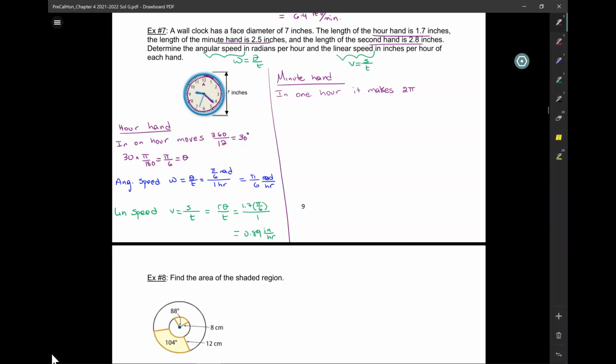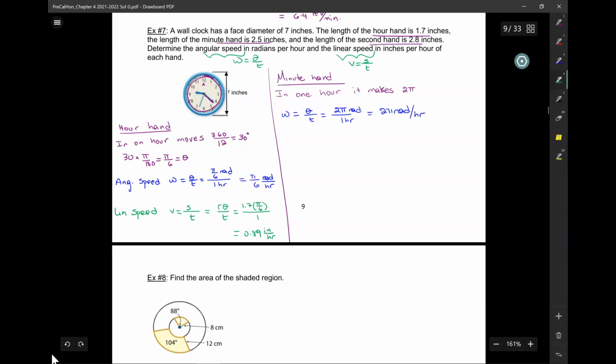Okay? So that means omega, the angular speed, is theta over t. It moves an angle of 2 pi in 1 hour. So that's 2 pi radian per hour.